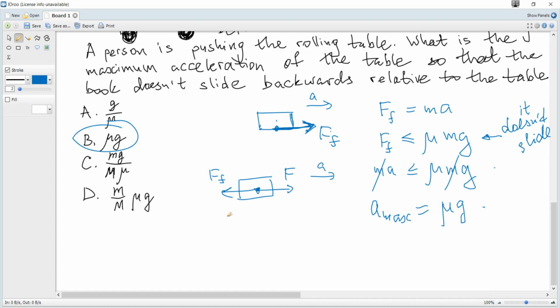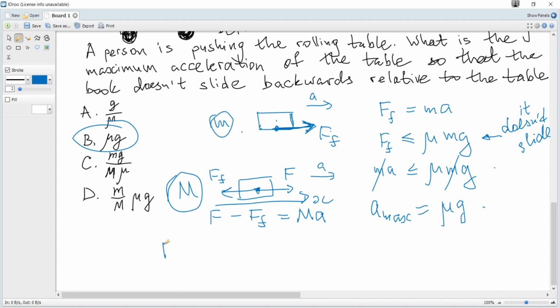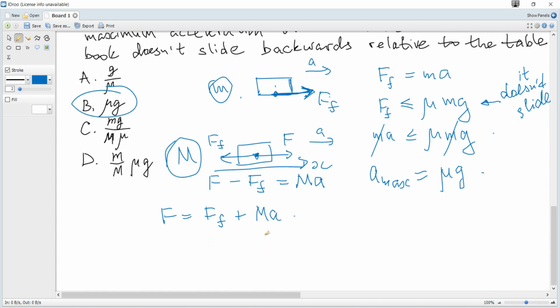So Newton's second law in projection on the x-axis becomes F minus frictional is capital M A, because we consider an object of mass M, and hence F is F frictional plus MA. But the book doesn't slide. If the book doesn't slide, this frictional again must be this.